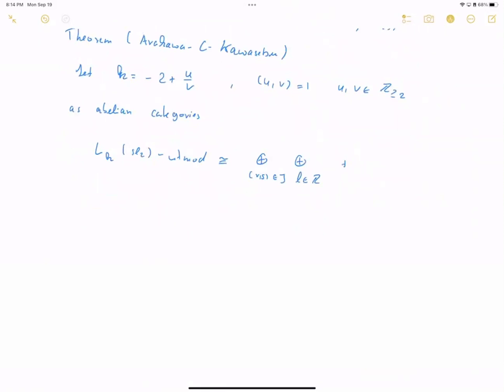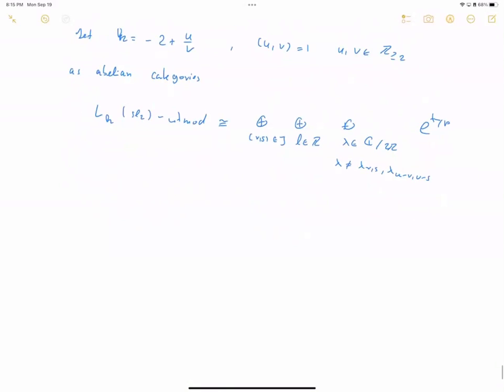L is the spectral flow label, and then here we also need a weight label. And remember that these lambda(r,s) and lambda(u minus r, v minus s) are simply specific weights. So it's not that important anymore at the moment what they are exactly. So we get this huge sum of typical blocks, and then we get a small sum parameterized by the set J of atypical blocks.